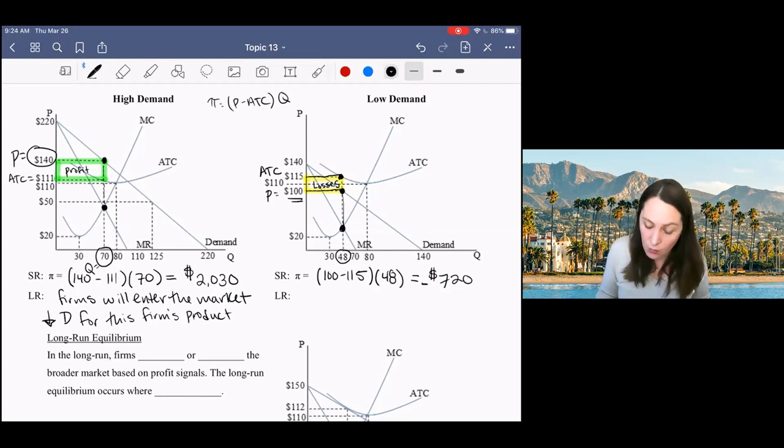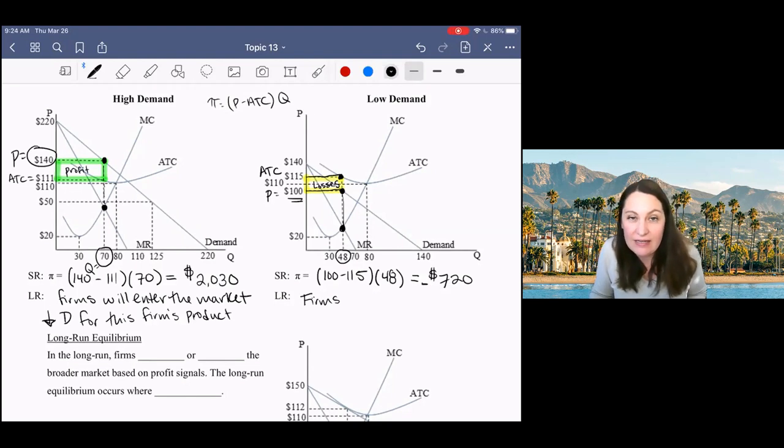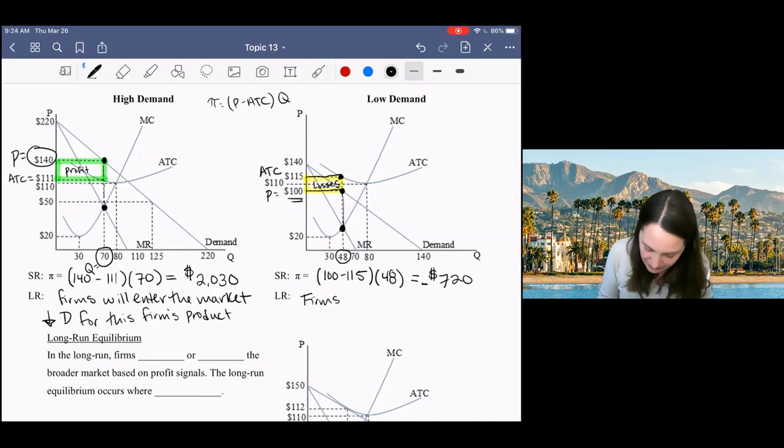And then likewise, when profits are negative in the short run, in the long run, some firms are going to leave the market, right? Because if they're losing money day after day, they're going to go out of business. So in the short run, if profits are negative, then in the long run, some firms will exit the market.